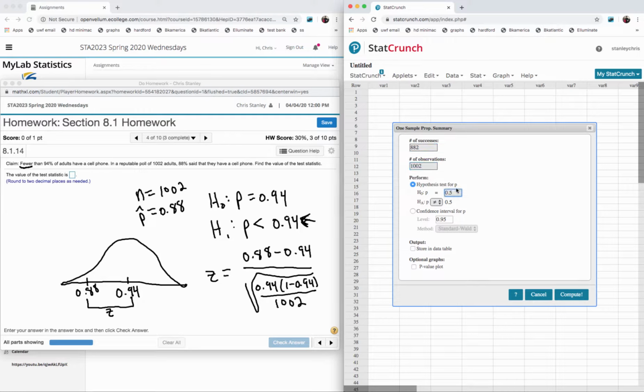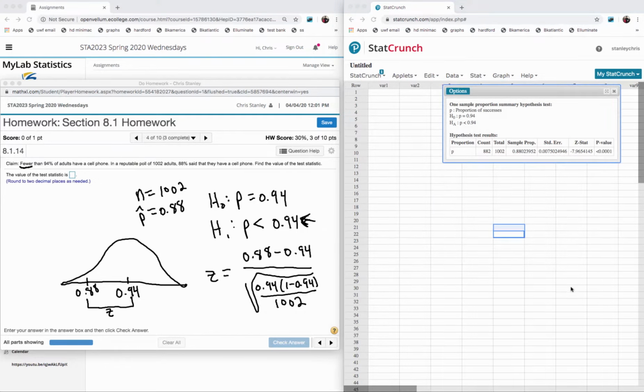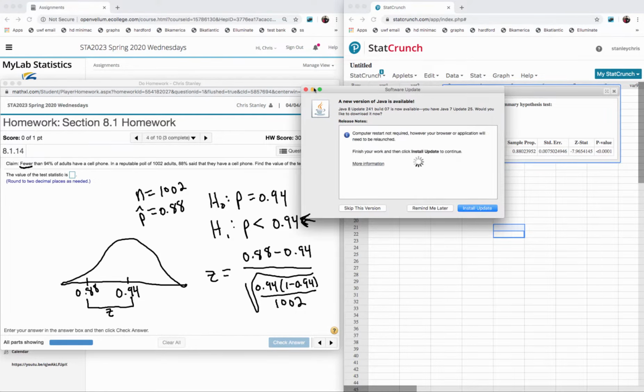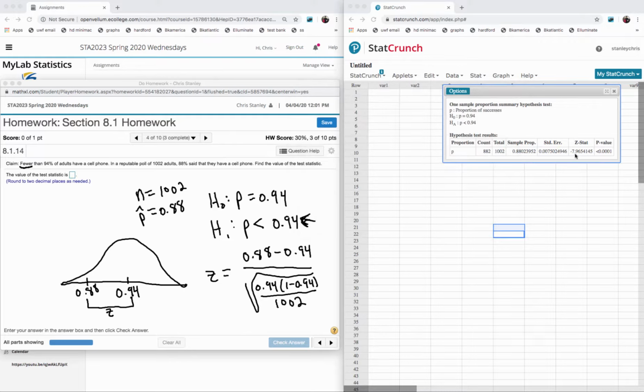Now we need to change this to a 0.94, and we need to change this to a less than sign. Now 8.2 will get you real good at these things. So this is just kind of showing you how to do them. Okay, so negative 7 point, that takes that higher. I'm going to go negative 0.800.